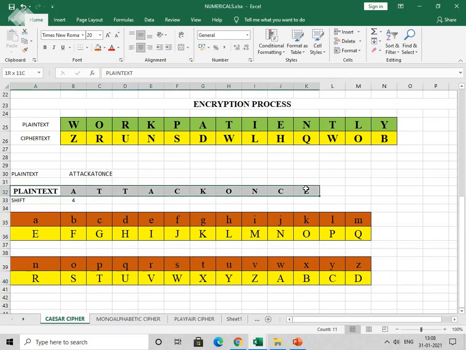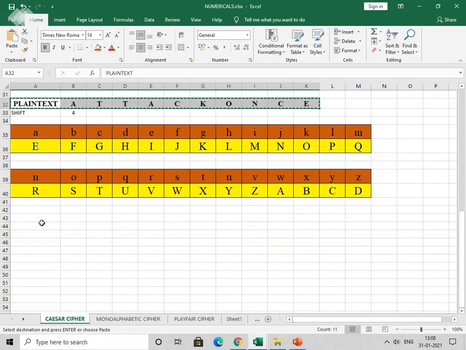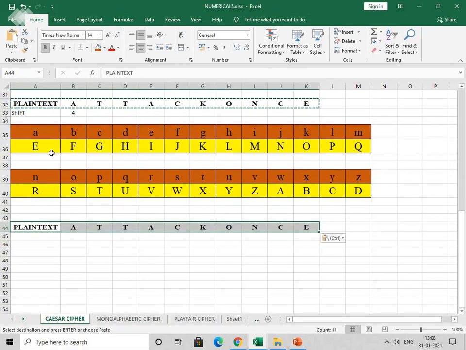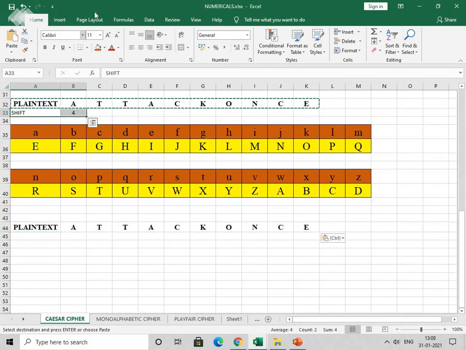Now let's encrypt this text using the 4 shift.